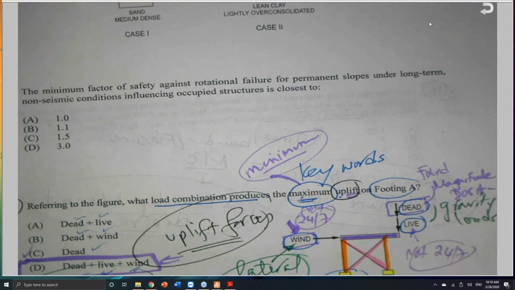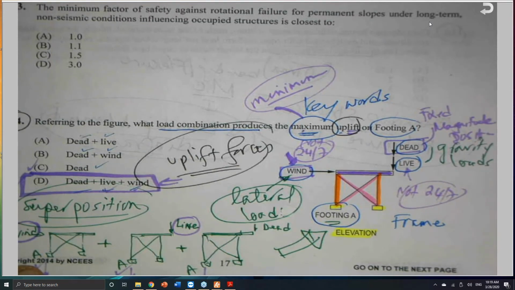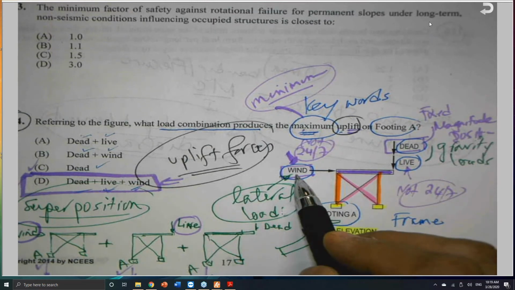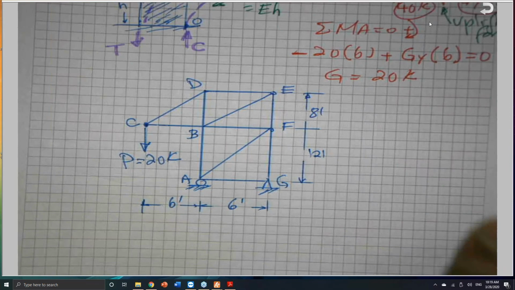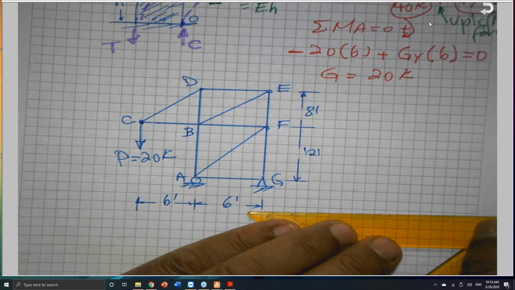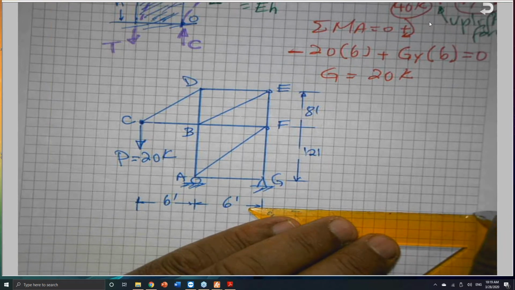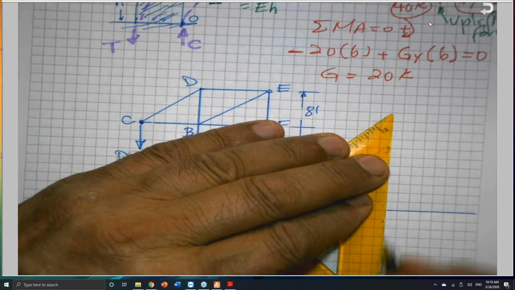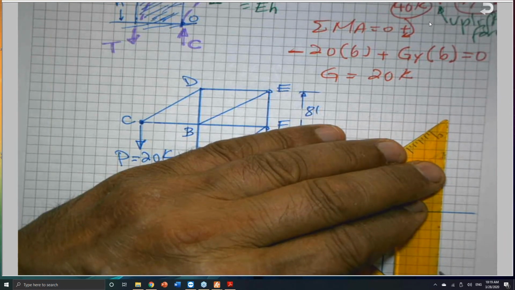Let's go again to the problem of the uplift force. If the live load is not there, the maximum will be dead plus wind. If the problem is given like this, let me make sure that I understand your question, because sometimes I answer questions and sometimes I ask myself, did I really get the question correct or not?